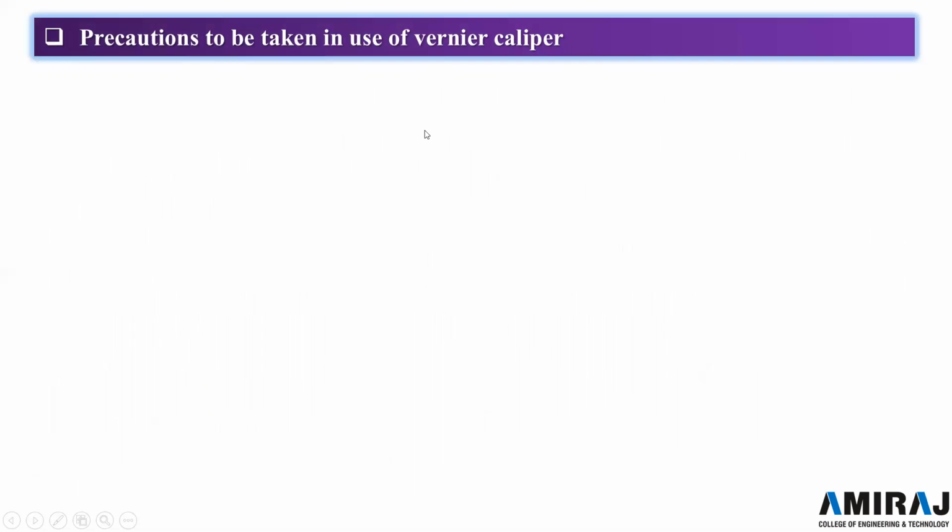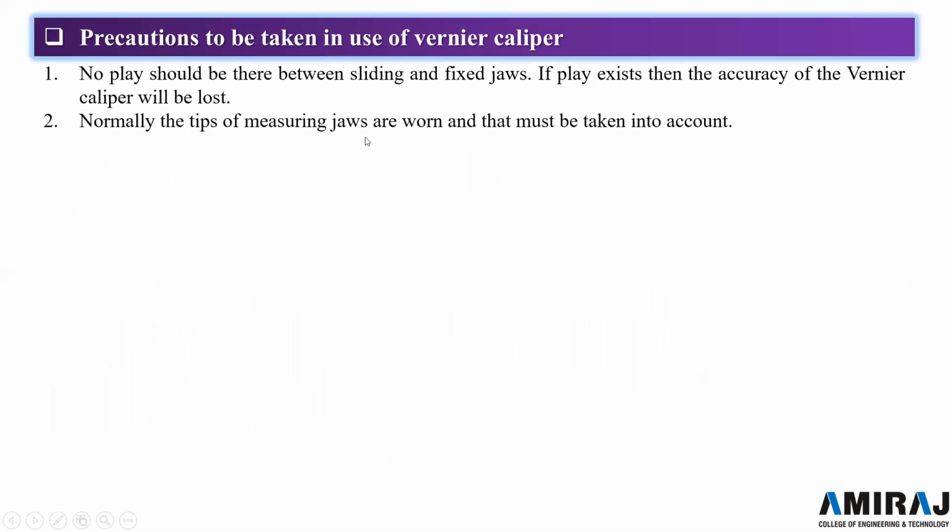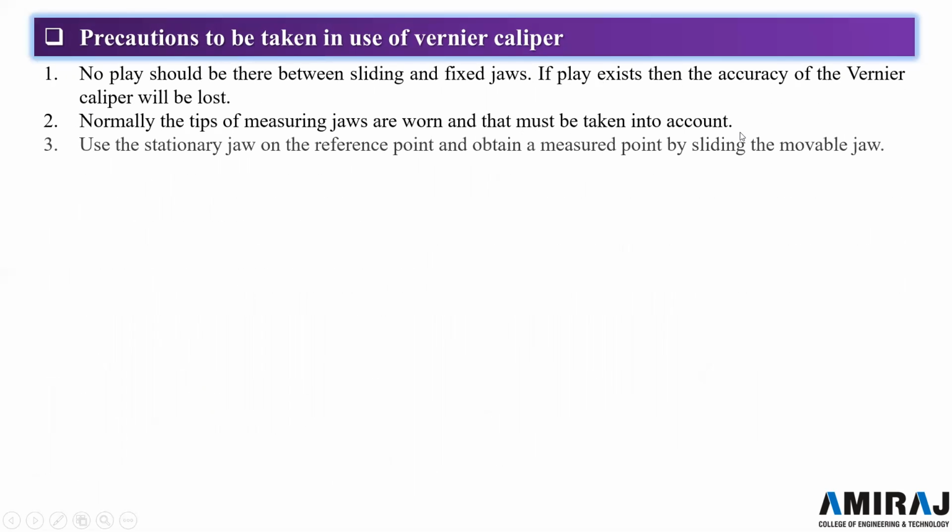Now, certain precautions are to be taken in the use of a vernier caliper. There should be no play between the sliding jaw and the fixed jaw. If play exists, then the accuracy of the vernier caliper will be lost. Normally the tips of the measuring jaws get worn out, and that must be taken into account.